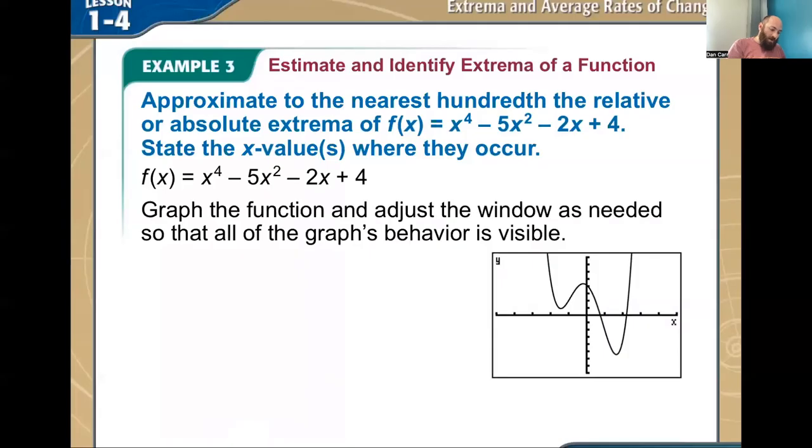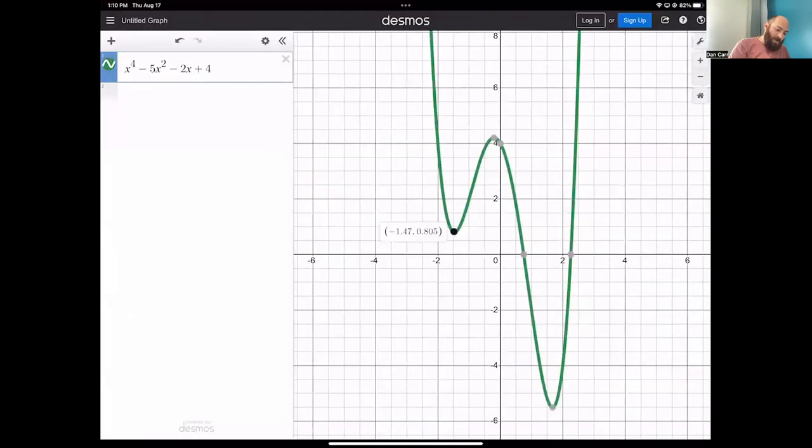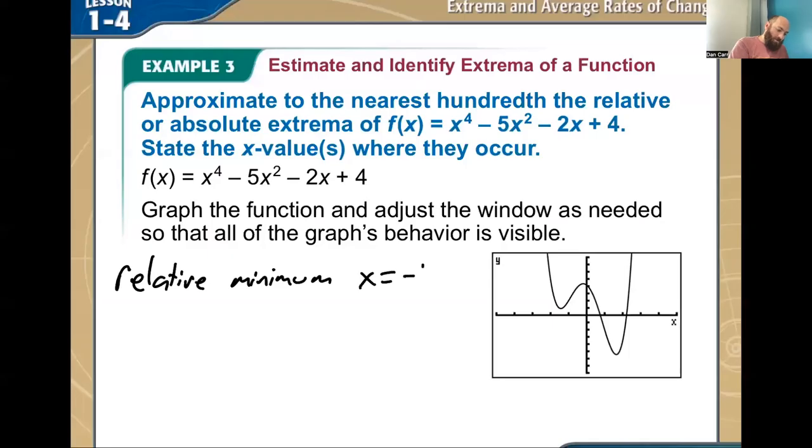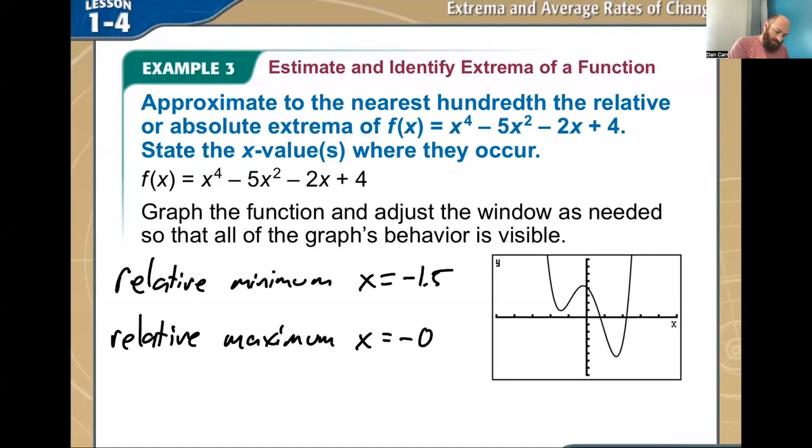Okay, so I come back here. I got a relative minimum at x equals negative 1.5. A relative maximum at x equals negative 0.2, I believe.